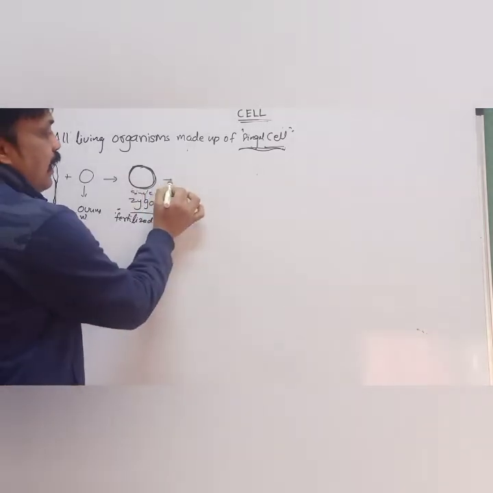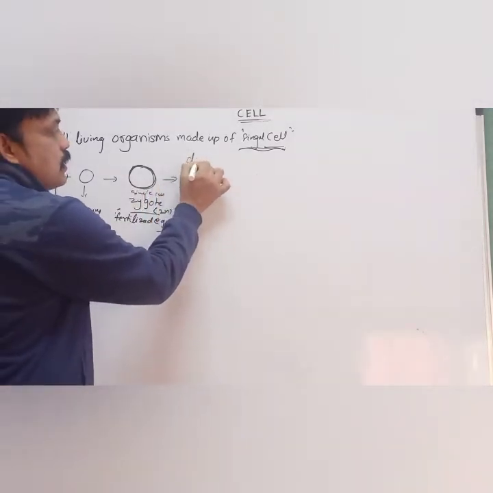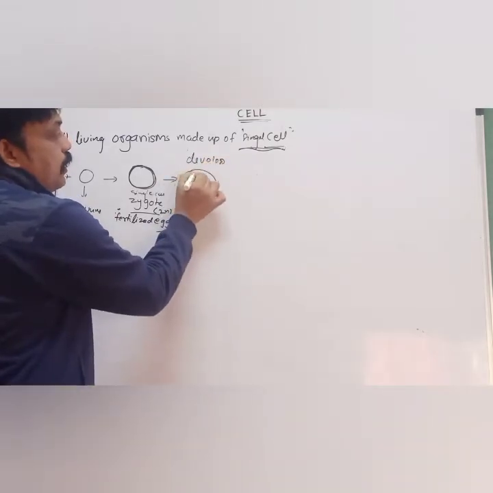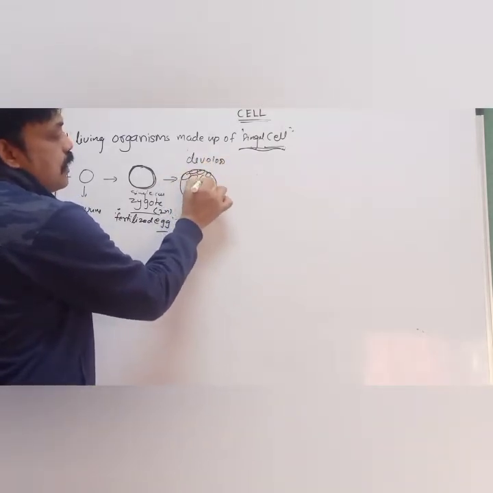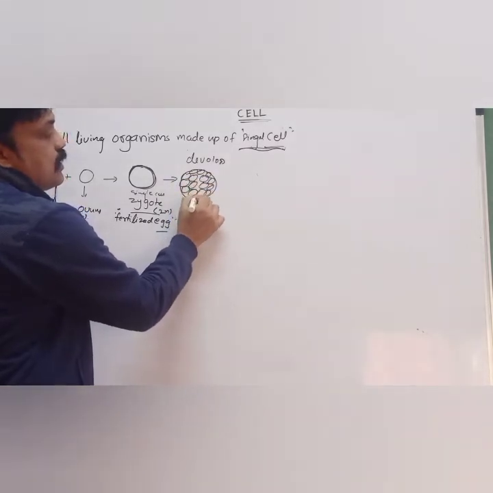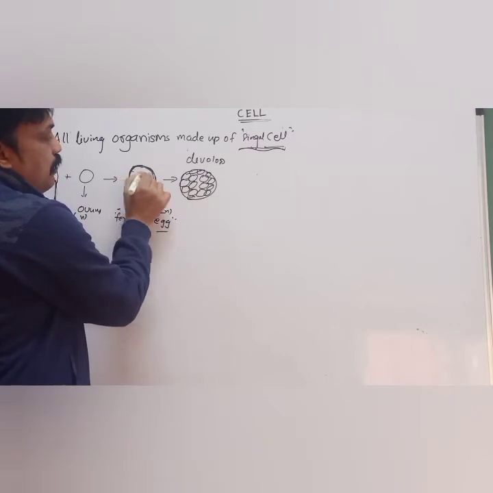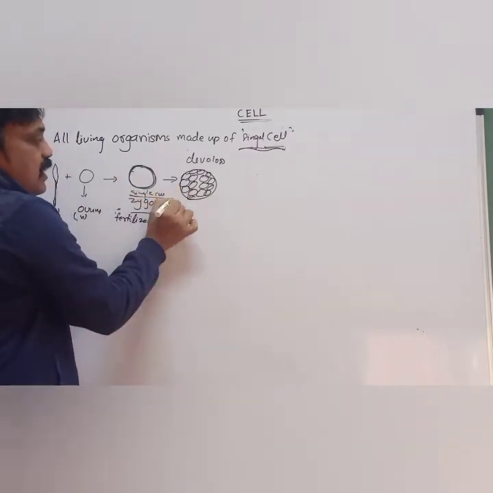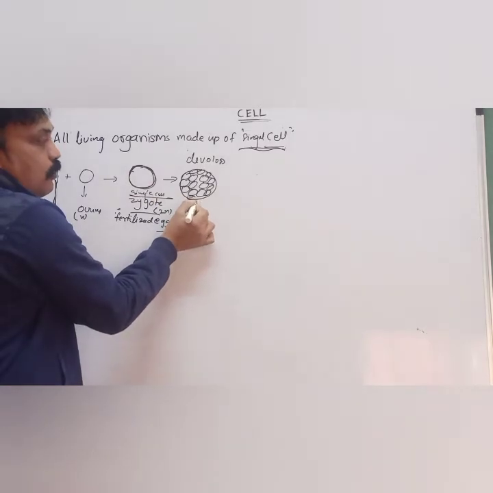In that cell, later development occurs. And in development, what happens? It is divided into small cells. That single cell is divided into a small group of cells.